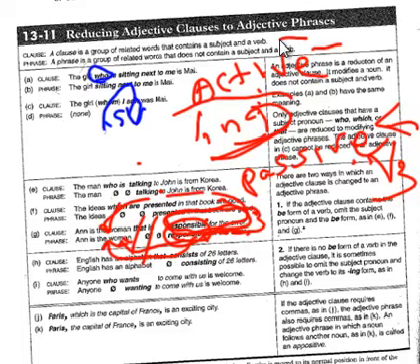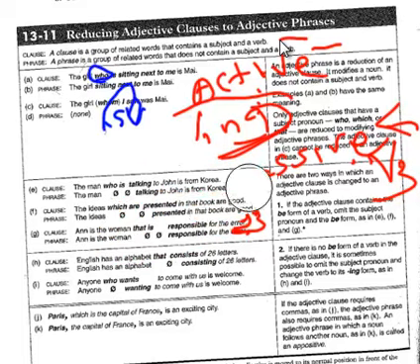Let's go to the next situation. In the next examples, letters H and I, we have: English has an alphabet that consists. Now, this is a little bit different because this is a stative verb, and we'll see that with the next one too. These are stative verbs. What I want to tell you is that stative verbs usually don't take an ing.